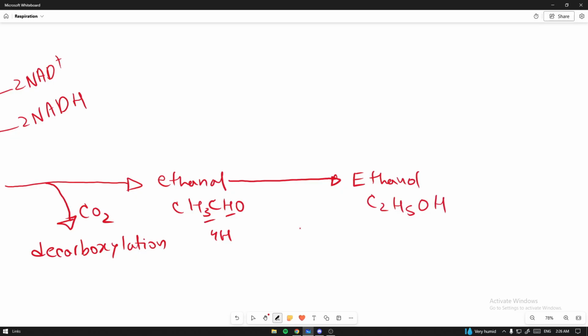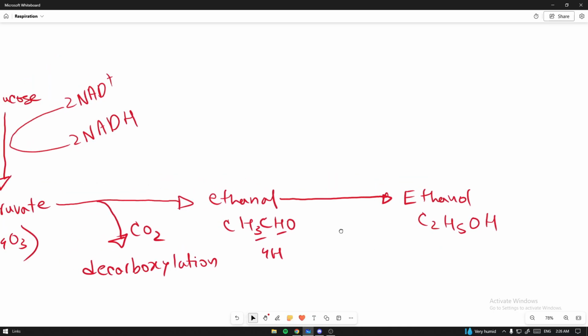Now we got six hydrogens, right? So plus two again. As you already guessed, the two hydrogens are coming from this NADH.